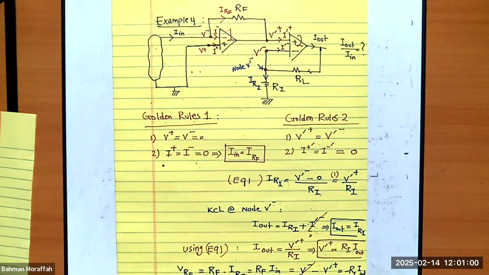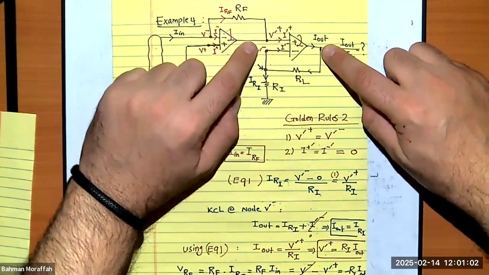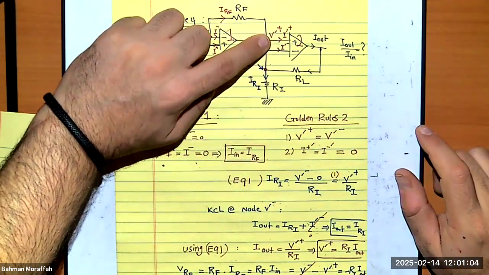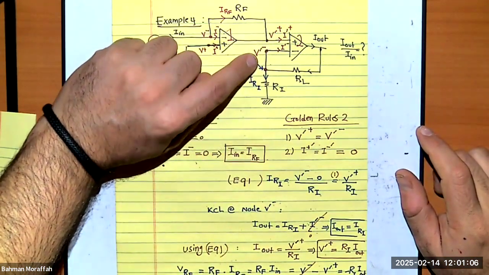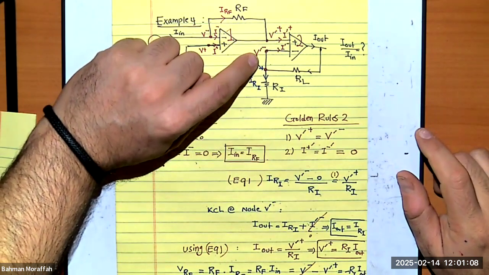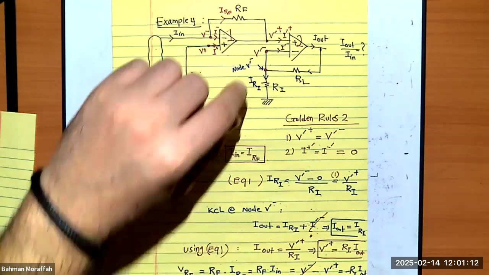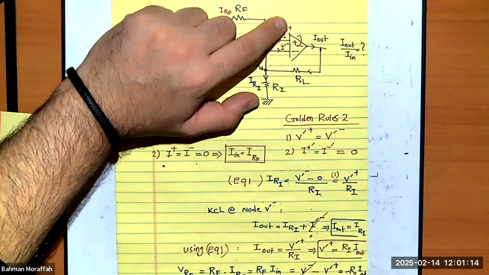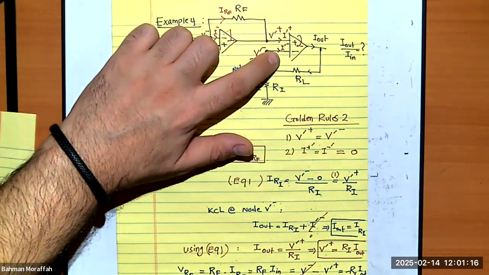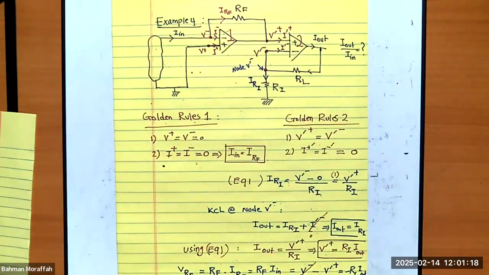I can do exactly the same thing for the second one. I have V prime plus to be exact same as V prime negative. That's our rule. We also know I prime plus must be the same as I prime negative, and that must be 0.